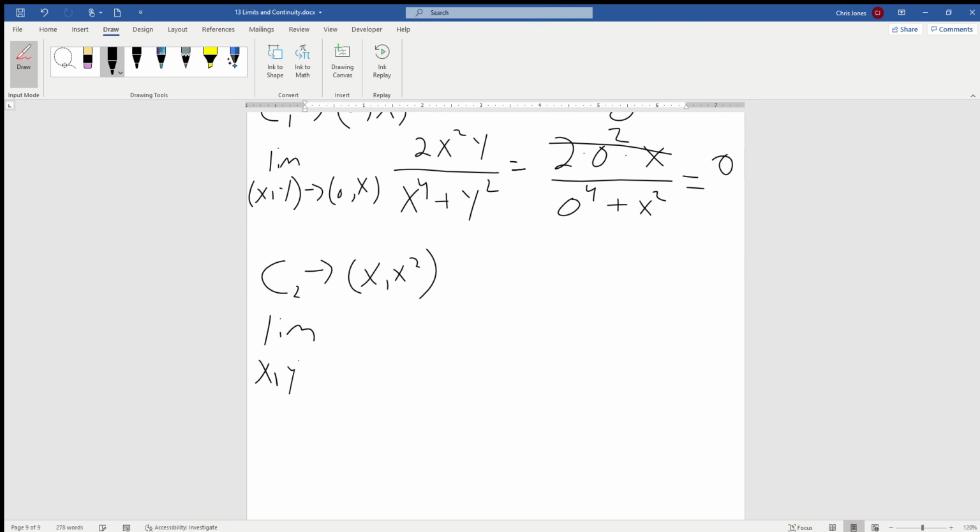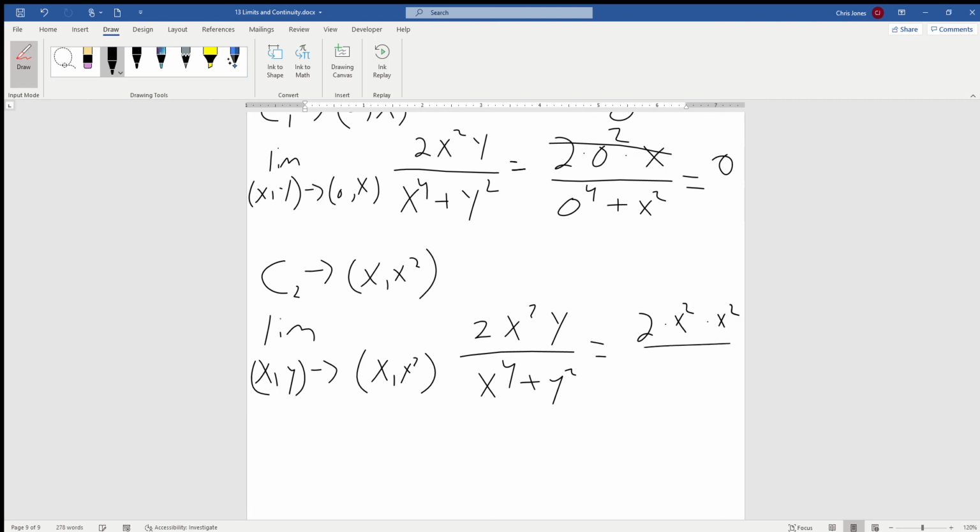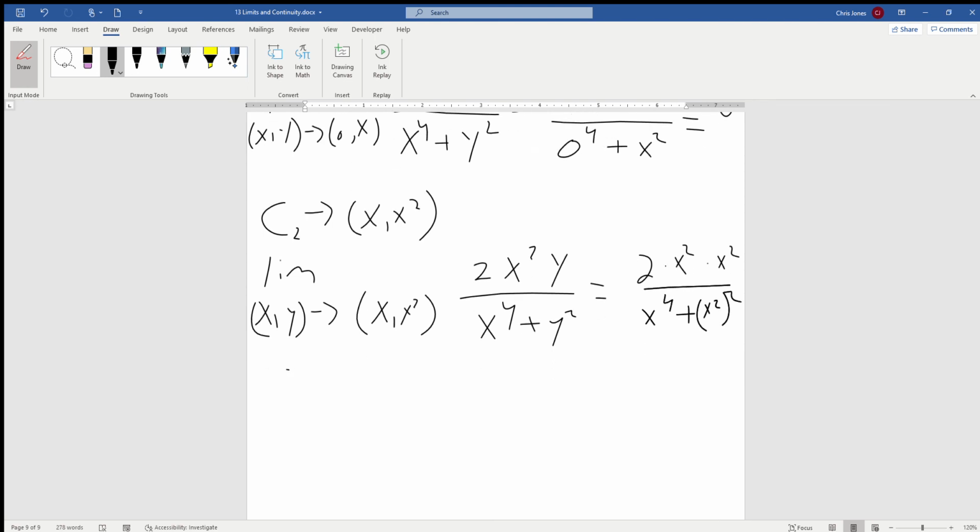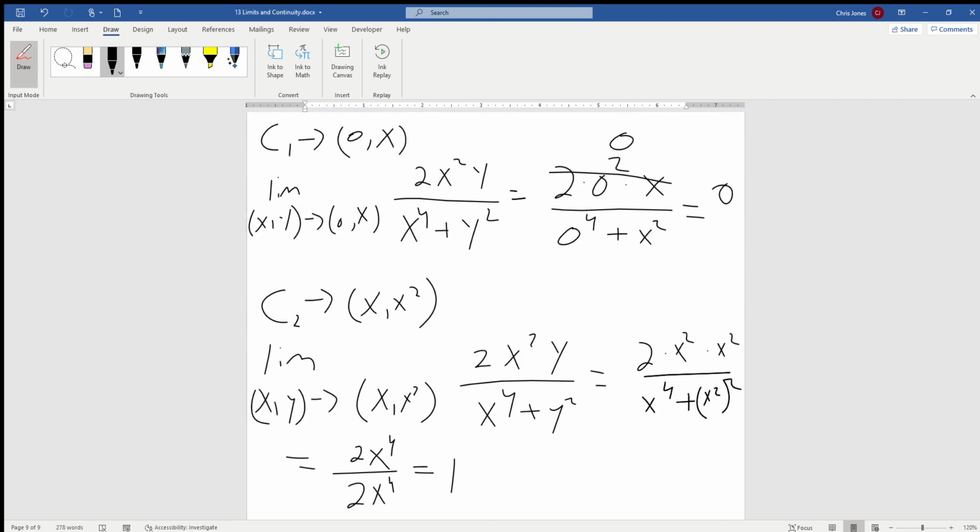The limit as xy approaches x comma x squared of 2x squared y divided by x to the 4th plus y squared, by direct substitution, is going to be 2 times x squared times x squared divided by x to the fourth plus x squared squared. Or just by doing some basic algebra, that's going to be 2x to the fourth in the numerator divided by 2x to the fourth in the denominator, which is 1. Now clearly, the limit that we got from path 1 and the limit that we got from path 2 are not equivalent.